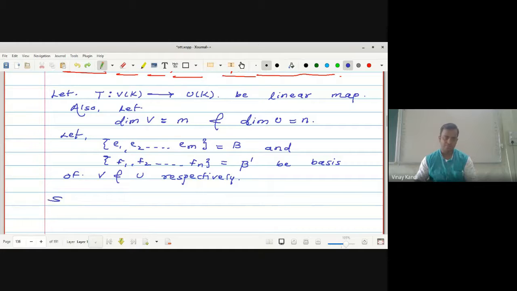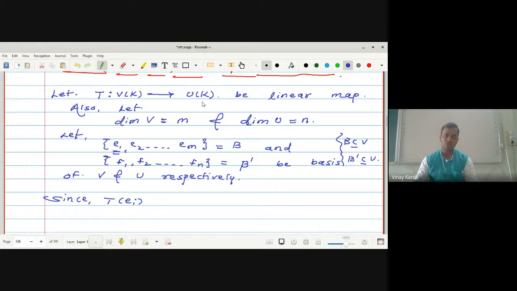Then, look here, T of ei. You apply the mapping on an element of B. B is a subset of V, and B dash is a subset of U. So you apply T on ei, where i runs from 1 to m, that is e1, e2, up to em.